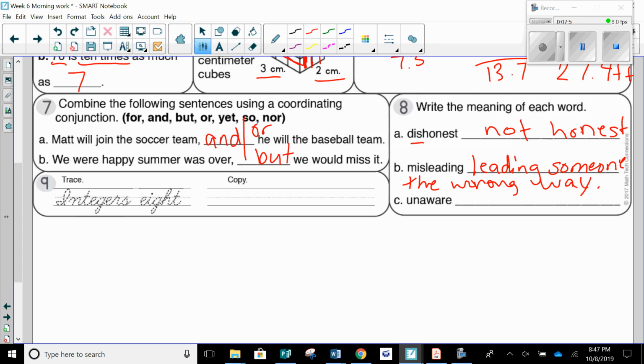Mis means wrong. So unaware, un means not, so not aware. And then integers and 8, you're just going to trace those and rewrite them here.